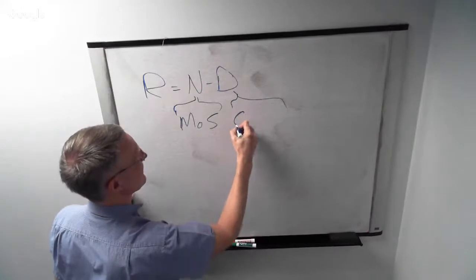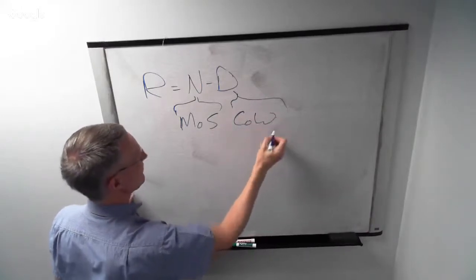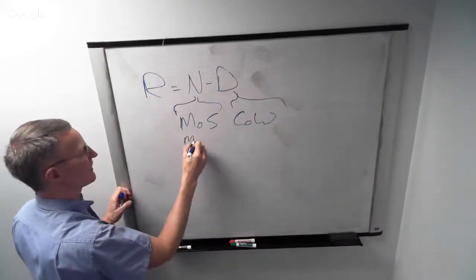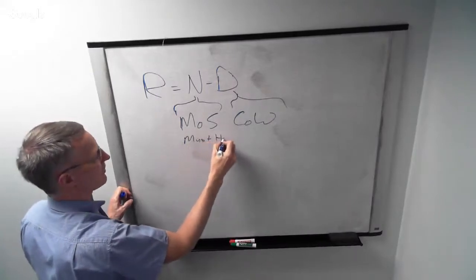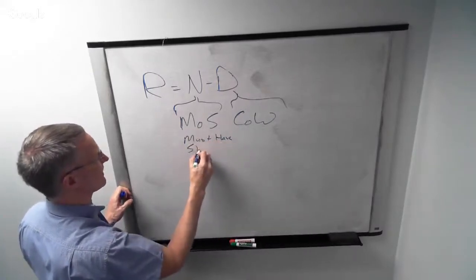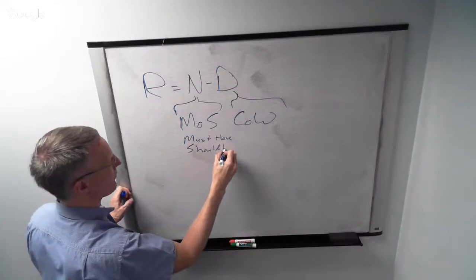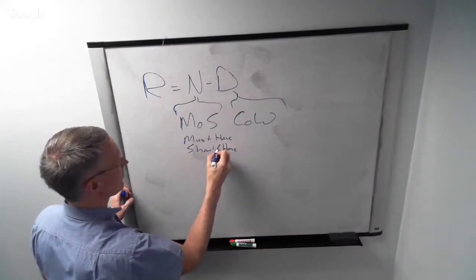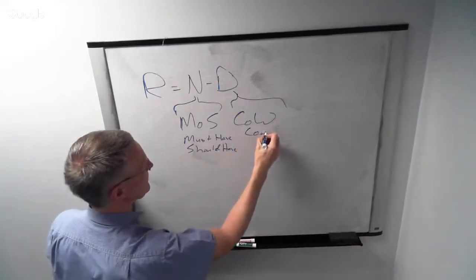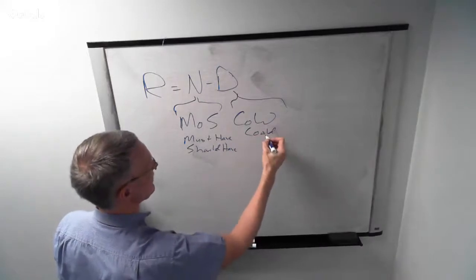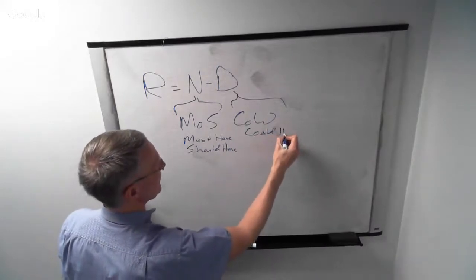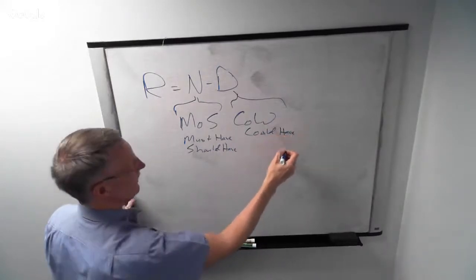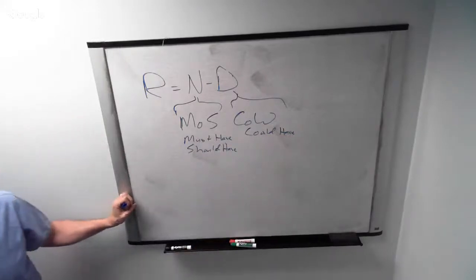So this is the must-have, should-have, and this is in your notes, but it's quite a few pages forward. Could have, and I usually try to cover every piece of information twice.